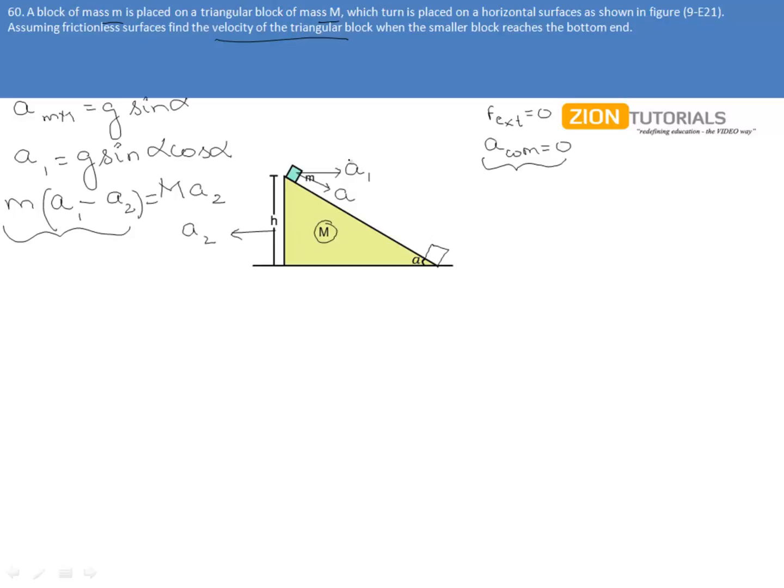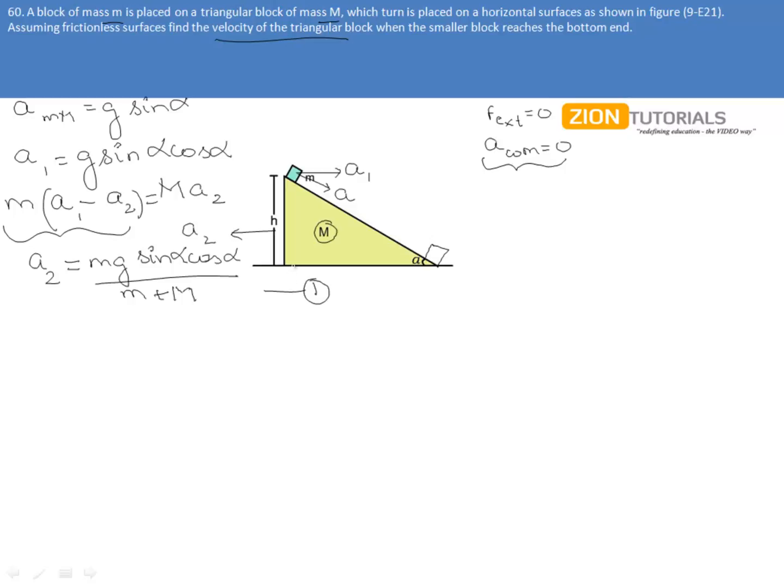This a1 is basically the horizontal component of this acceleration of m with respect to M. So this is with respect to ground in the horizontal direction, and from this, because the acceleration of the center of mass is 0, we come to know that a2 is mg sine alpha cos alpha upon M plus m. Let me mark this as equation number 1.